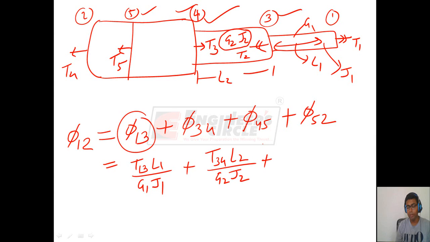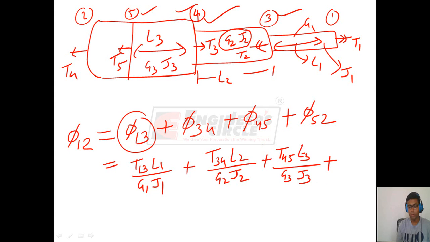Plus for phi 4 5 we can write the internal torque in the portion 4 5 into length of 4 5, which is some L3 divided by G3 into J3, plus internal torque in 5 2 into length of 5 2. Length of 5 2 is L4 by G4 into J4.